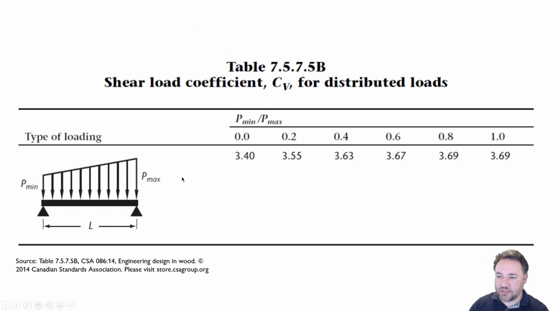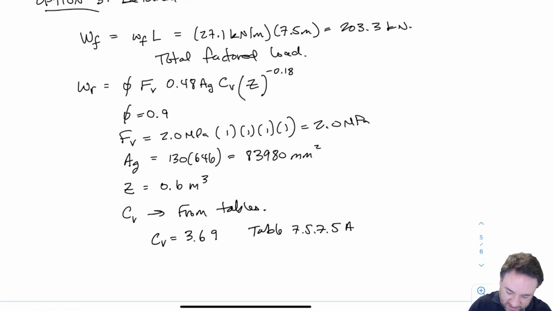If P min equals P max, so I have a uniform load that is constant over the length, then P min divided by P max equals 1, and then I get 3.69. So it's the same value either way. So that's good that it's consistent. Or B. In CSA O86-19, the same tables are there, it's just a different number. Pretty easy to find. Okay, so that's one way to do it.